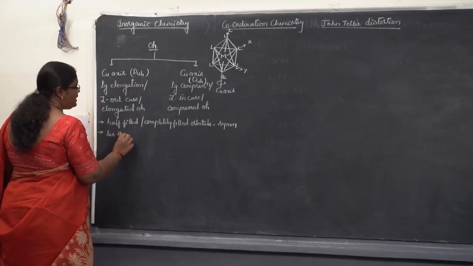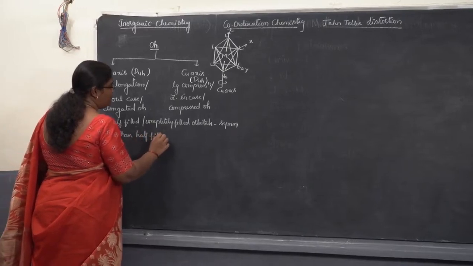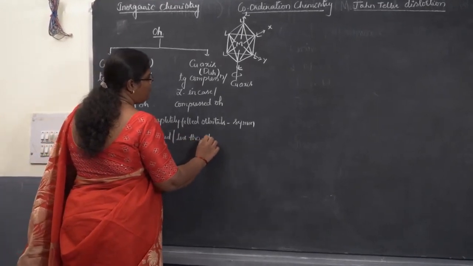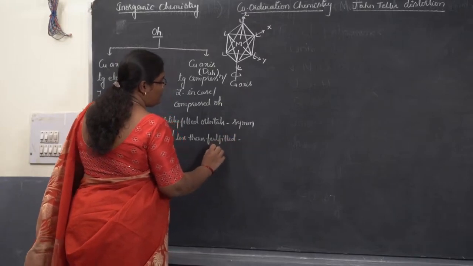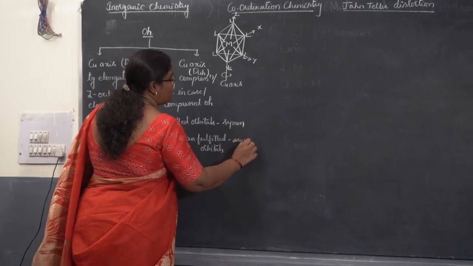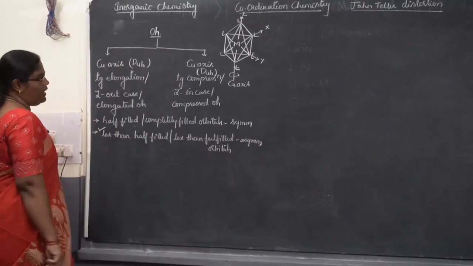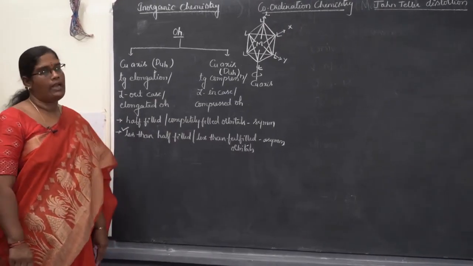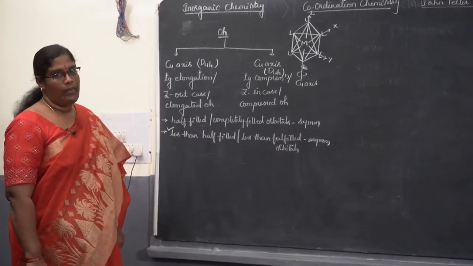That is less than half filled or less than fully filled configurations; they become asymmetric. And the distortion is due to the asymmetric configuration, and as the consequence of distortion, symmetry is reduced, energy is released, which further splits the degeneracy of metal orbitals.